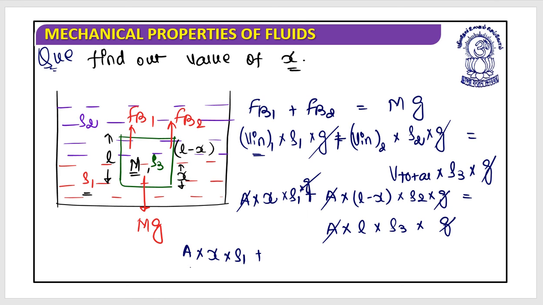So it's A into x into rho 1, within which this A has gone. It's x into rho 1 plus L minus x into rho 2. This is equal to L into rho 3. From this you can easily calculate this x. I hope this is clear. Was it clear?